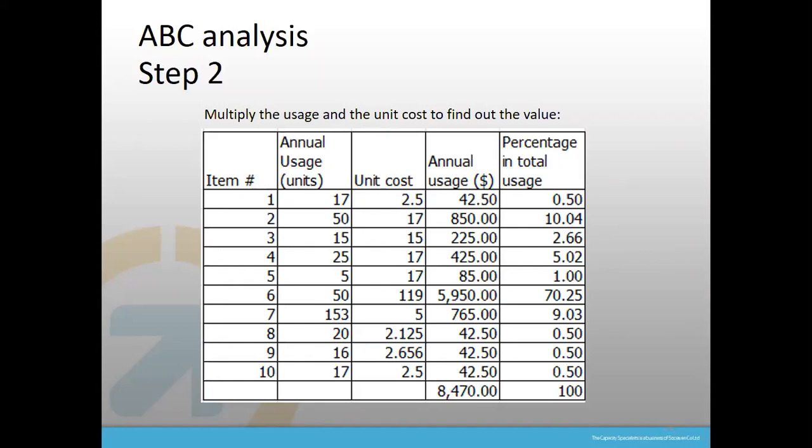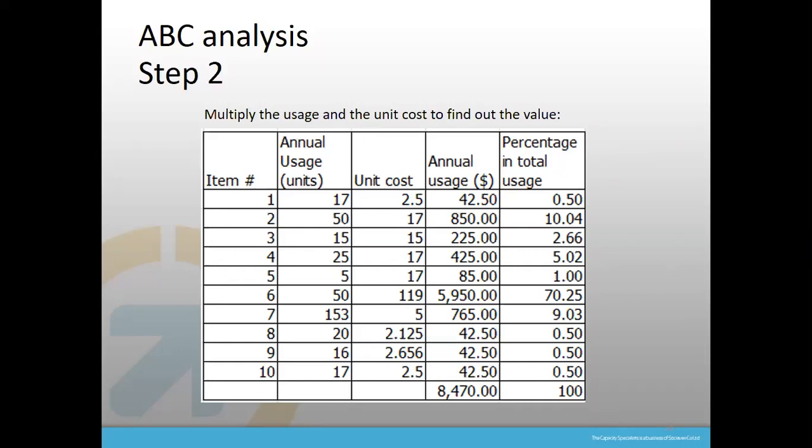Then we have item number 6. Item number 6, 50 units, each one costing $119, so the total annual usage is $5,950. Wow. And then for number 7, where we use 153 units per year, that's a lot, but the value is only $5 per unit.